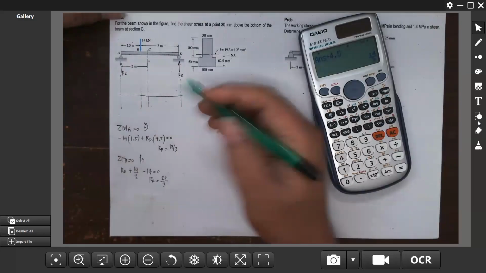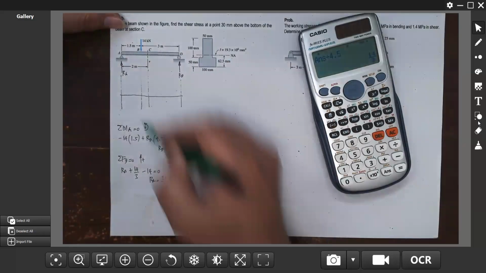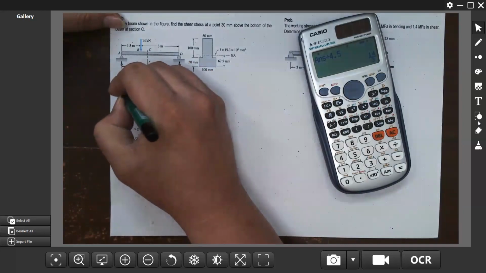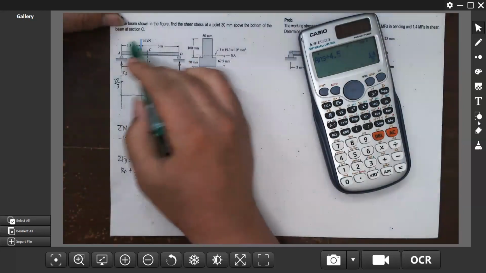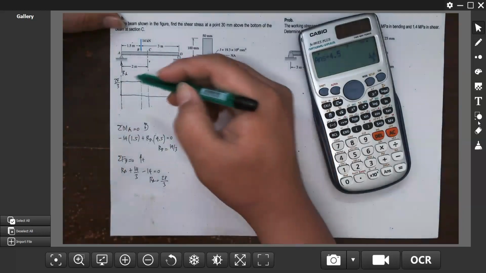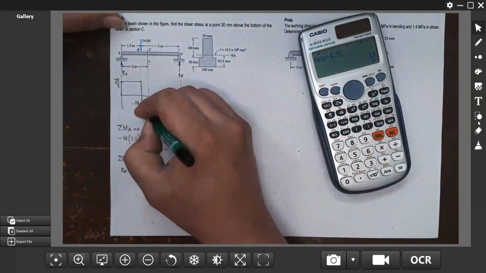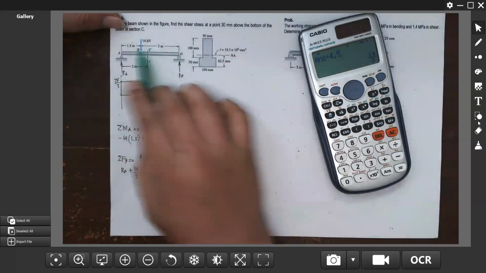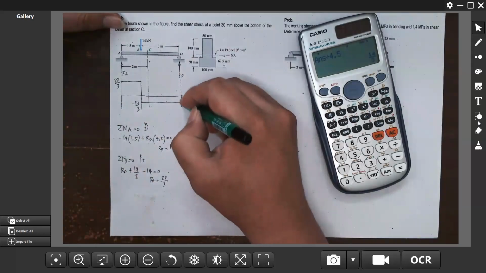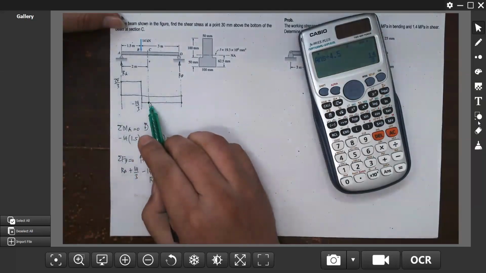Now for the shear diagram, we start at 28 over 3 for RA, then no load, so the diagram is horizontal, then minus 14, and we get negative 14 over 3, then no load, and then the reaction at D. Therefore, at C, the shear is 14 over 3.